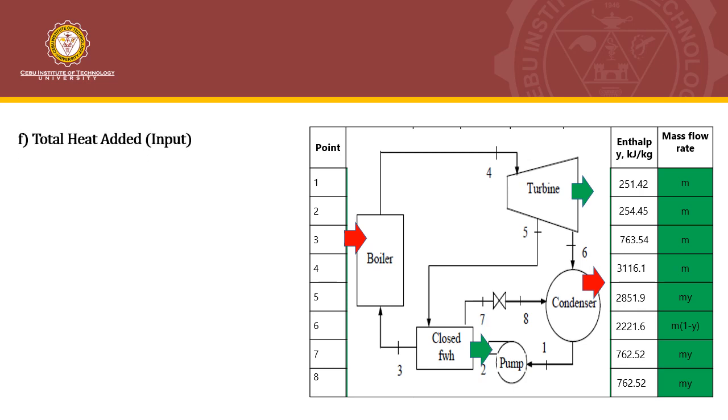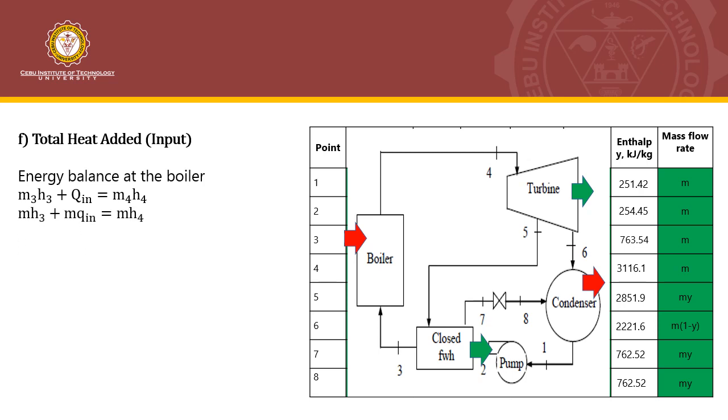Okay, for the total heat input or total heat added, we're going to pay our attention to the boiler. Using energy balance in the boiler, we have energy incoming to the boiler as M3H3 as well as the heat added from the source of heat, and then we have the outlet at 0.4. So the energy balance is like this.